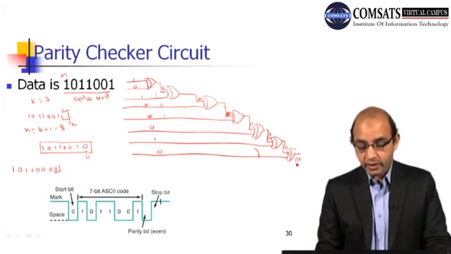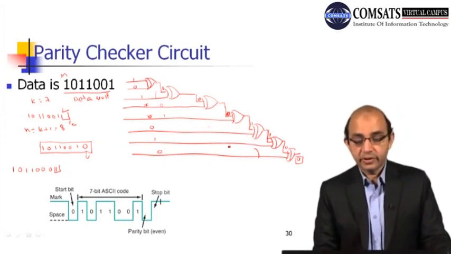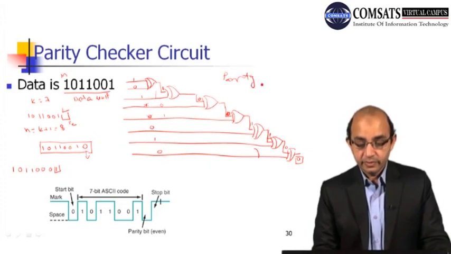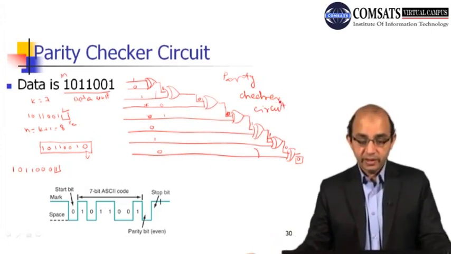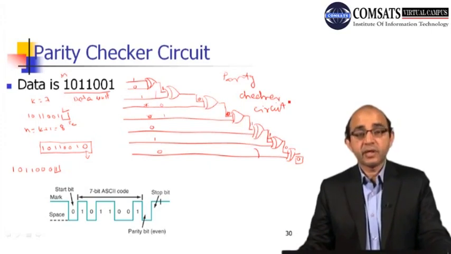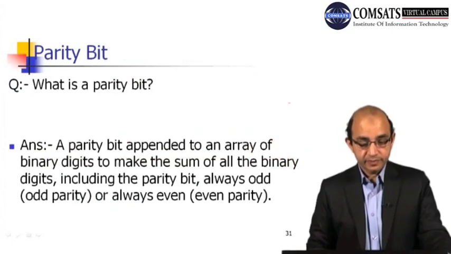So you can see, because we have error in 2 bits, even this parity checker circuit doesn't have the capability to detect errors when we have error in 2 bits simultaneously.